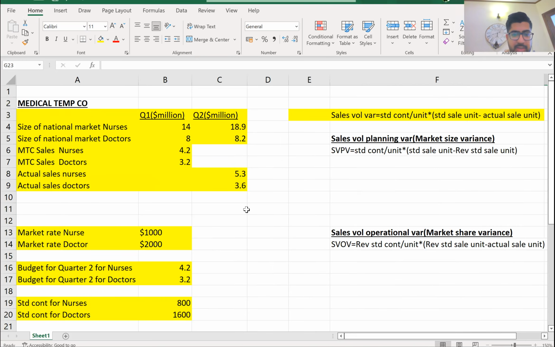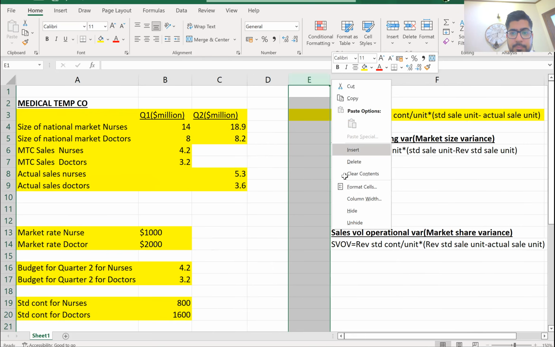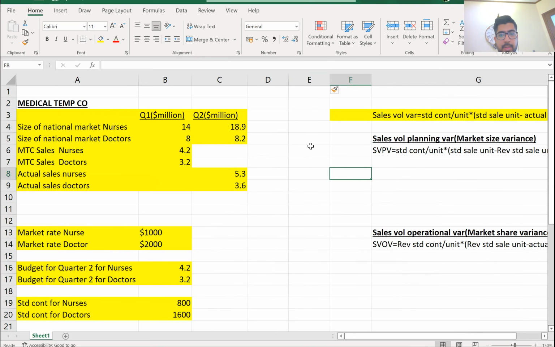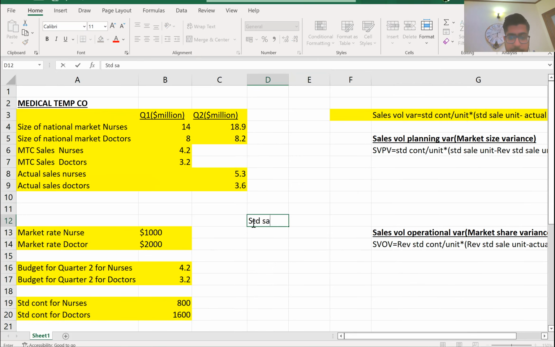Obviously you need to have data, and data is required for three things. One thing you would be needing is the standard sales unit.